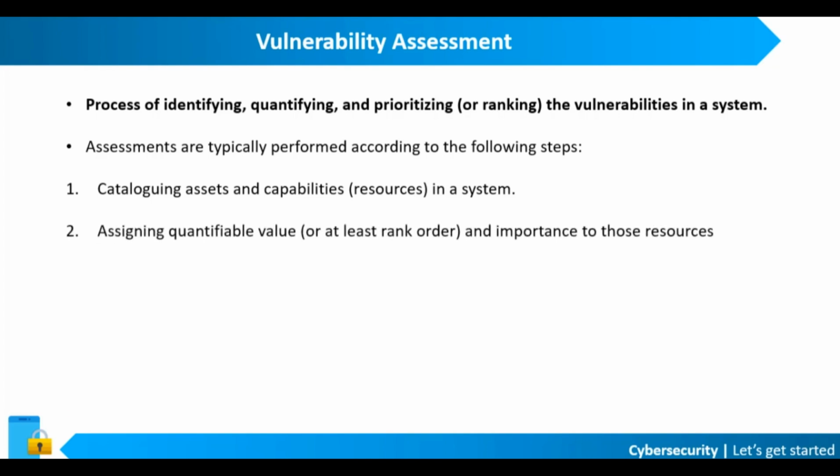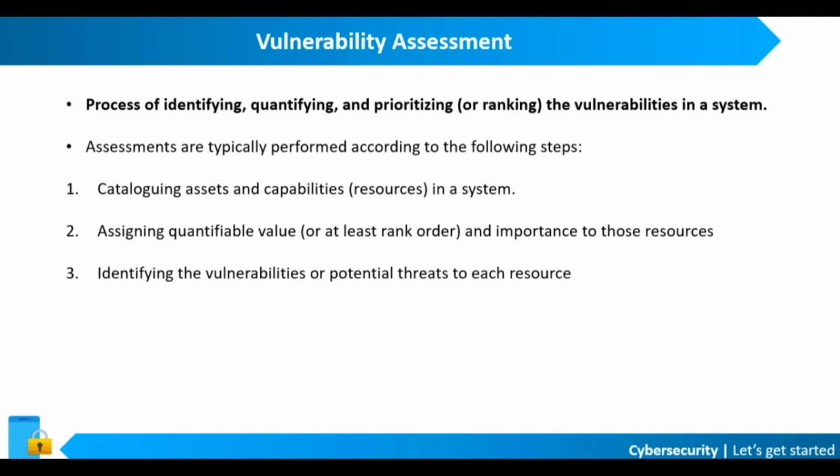All these things are first noted down. Then the vulnerability assessor assigns quantifiable value and importance to those resources. For example, the identities of users are of topmost importance, right? Whereas a file like a free PDF which can be obtained through 3 or 4 traversals on the website is not that important, because it is already available on the internet for free. So in such cases, a quantifiable value is assigned to various resources.